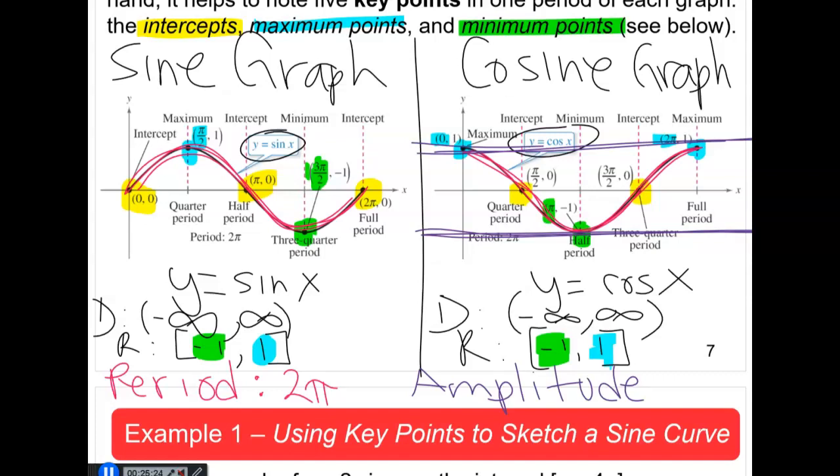And so if you were to count the distance from 0 to y equals 1, it would be 1. And then from y equals 0 to negative 1, it would also be 1. And so it is that distance, which is 2, but divided by 2.